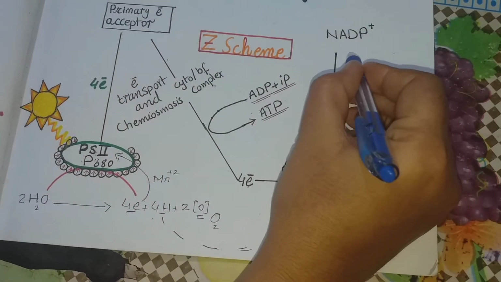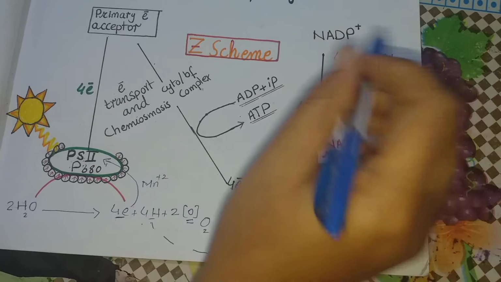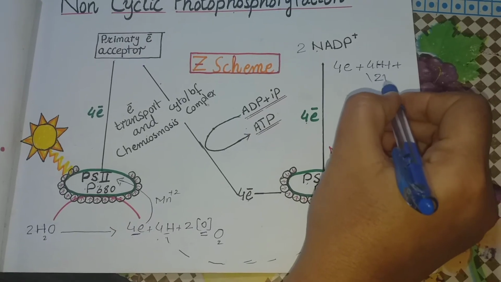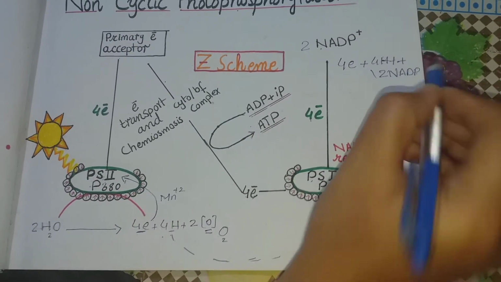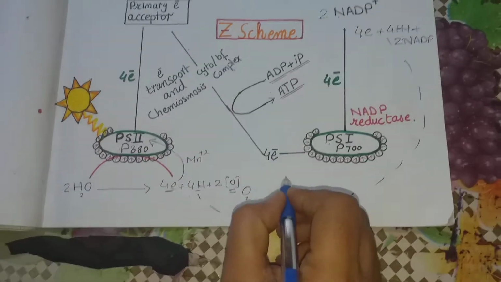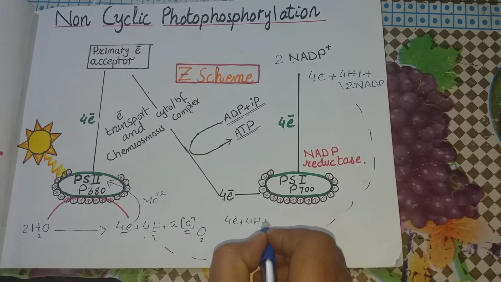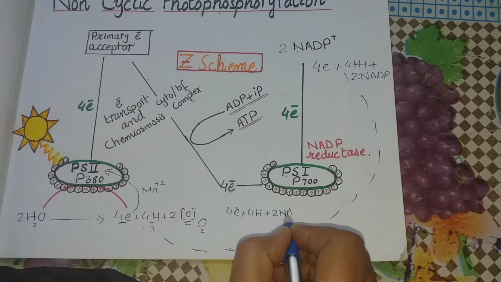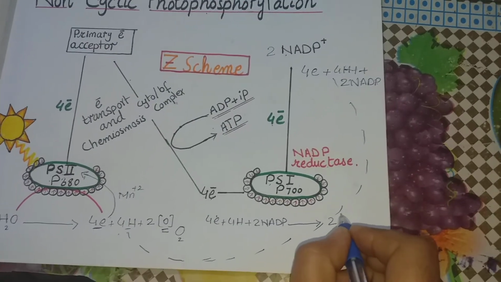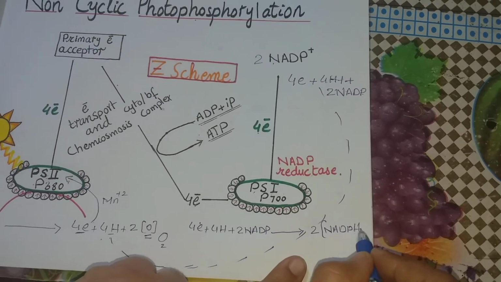These 4 electrons plus these 4 hydrogens plus these 2 molecules of NADP, we can write it over here just like that: 4 electrons plus 4 hydrogens plus 2 NADP is reduced into 2 NADPH plus H+.